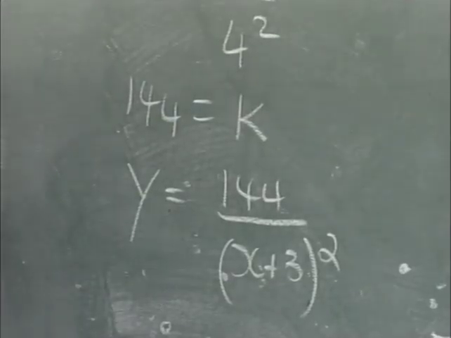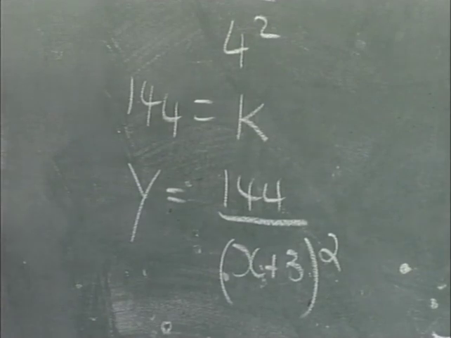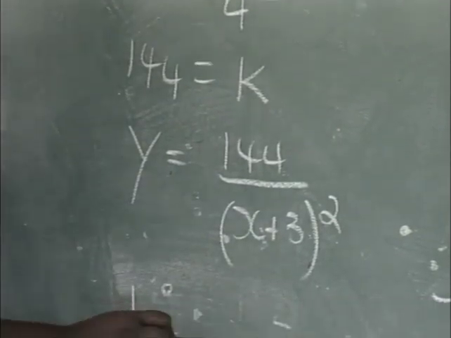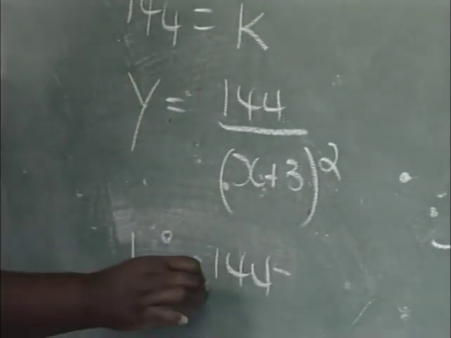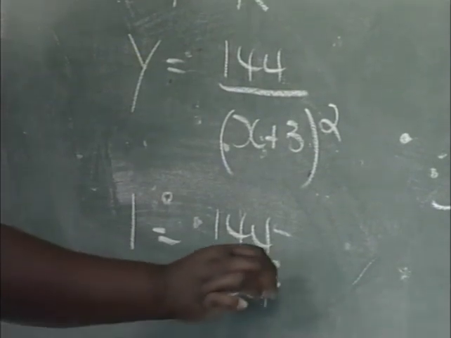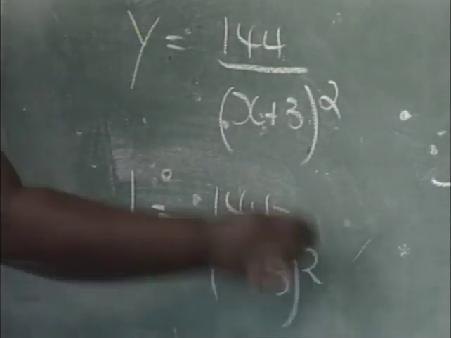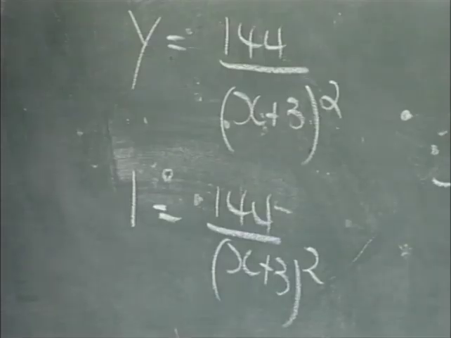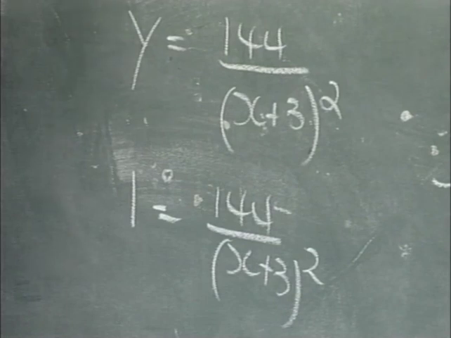Then you are asked to find the possible values of x when y is 1. So 1 equals 144 over x plus 3 squared. So we are going to get x plus 3 squared equals 144.